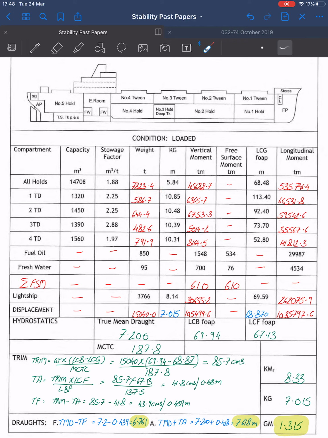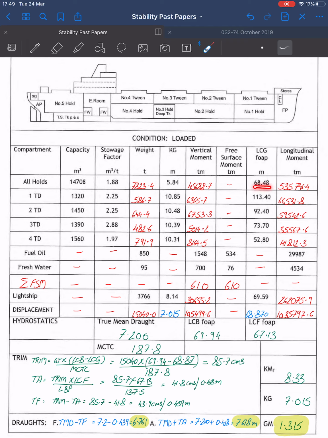We know that vertical moments is calculated by multiplying weight into KG. So we get the vertical moments by multiplying weight into KG. There are no free surface moments associated, so I usually tend to put a dash so that at the end we don't feel that anything has missed out.